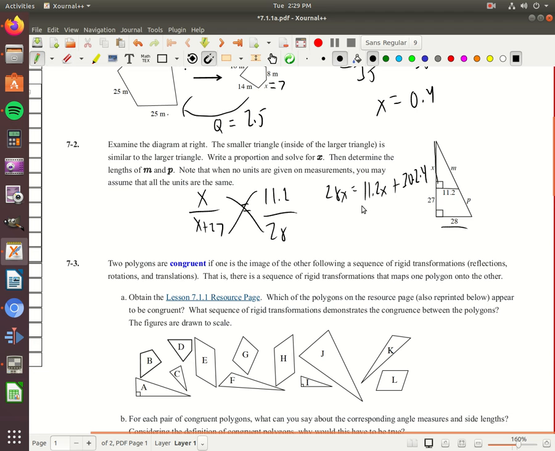Now I can solve. I'll subtract 11.2x from each side. And I will get, what, 16.8x? I'll double check the math on that. Equals 302.4. Then I'll divide by 16.8 if it is indeed 16.8.